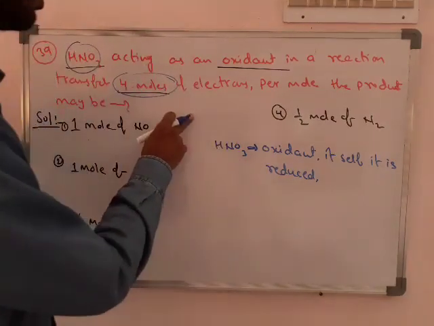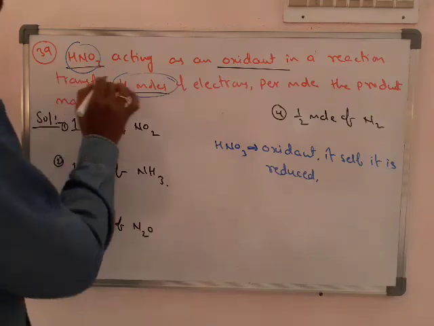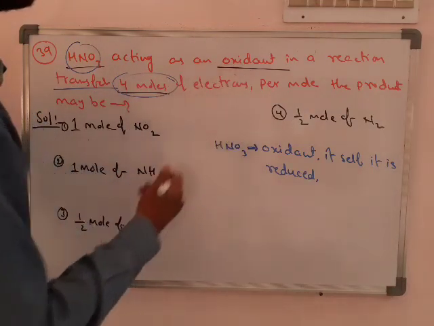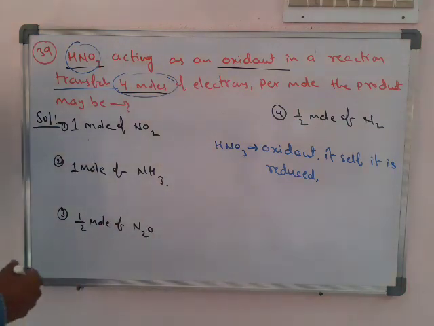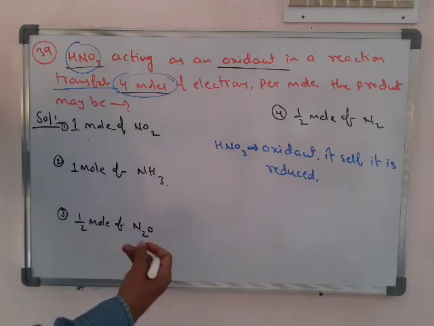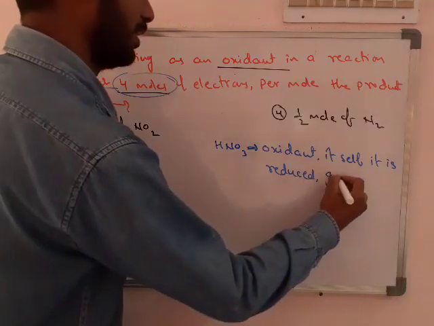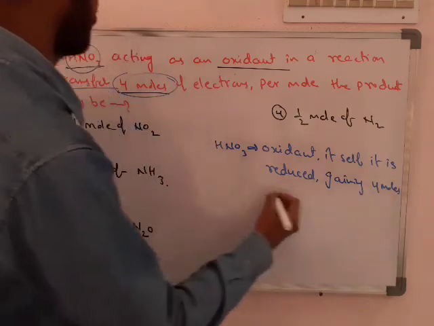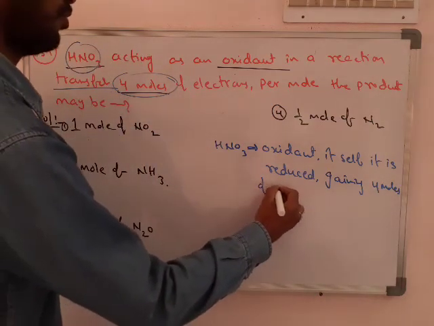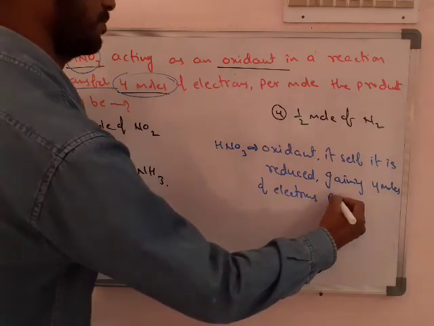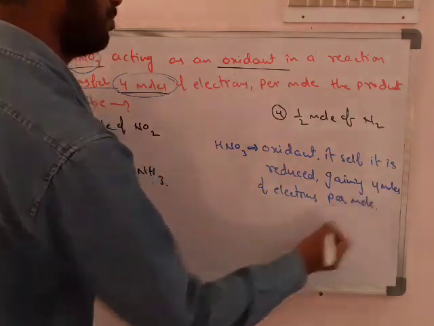But how many moles, it is not given, but we know that it works as the oxidant means there is nothing but gaining of electrons. Okay. Oxidant means it works as an oxidizing agent, itself it is reduced, so gaining 4 moles of electrons per mole.